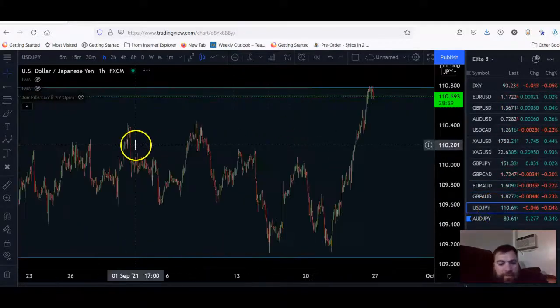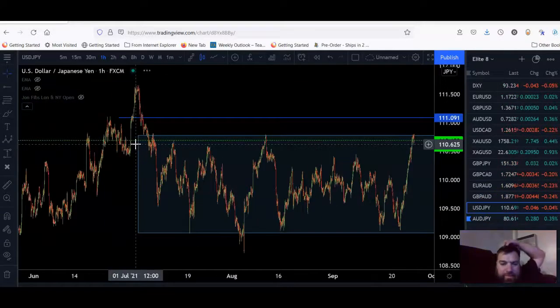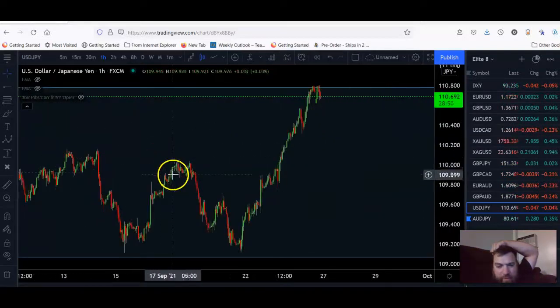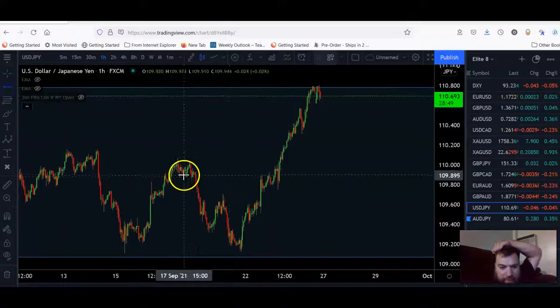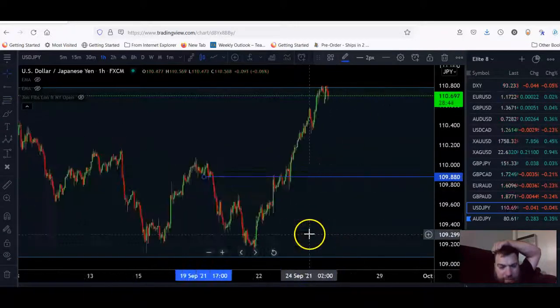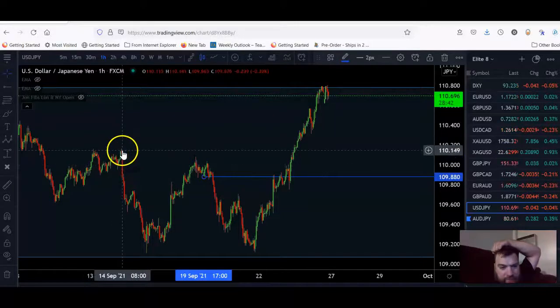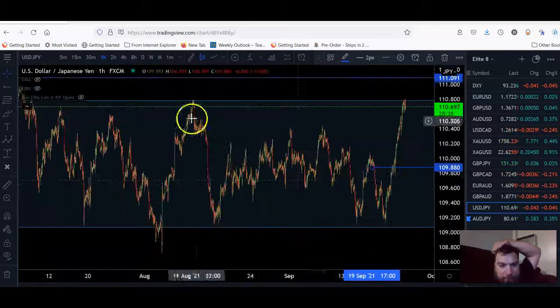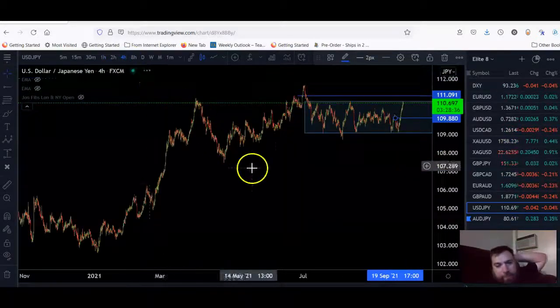The US dollar, Japanese yen. I was looking at this. I was kind of hoping price would come back to here and go back down, which is, price came up to this area right here and fell. Look on the higher time frame.